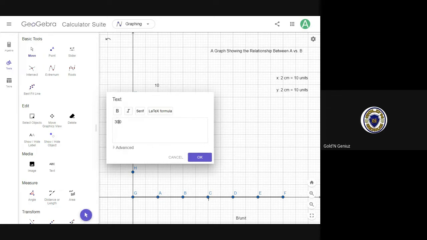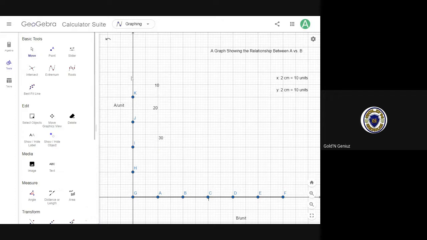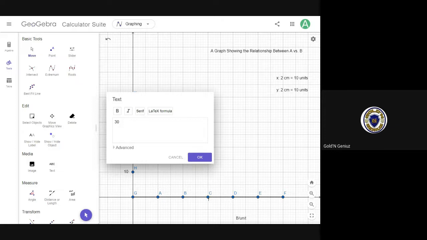It's 30. So I put them on: 10, 20, 30, and we have 40.